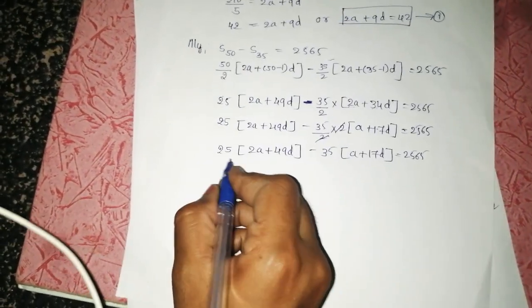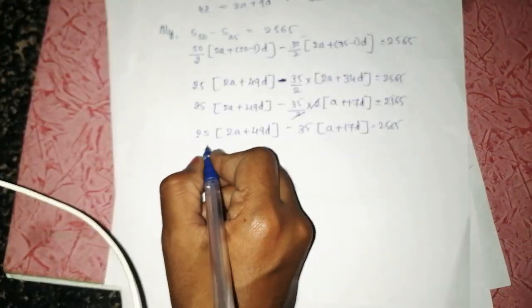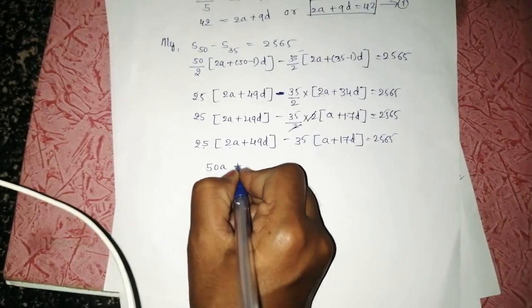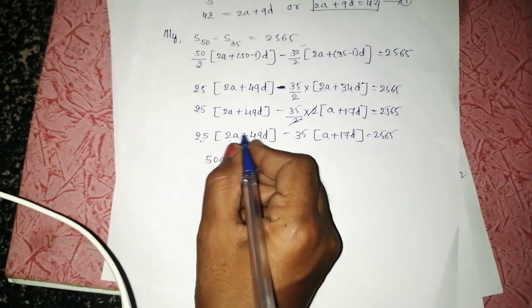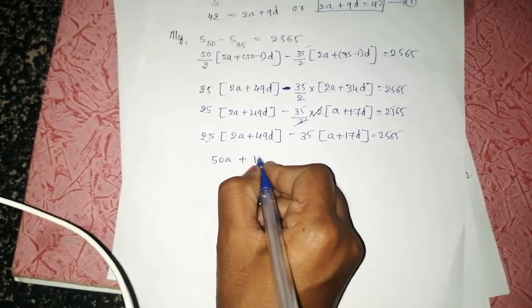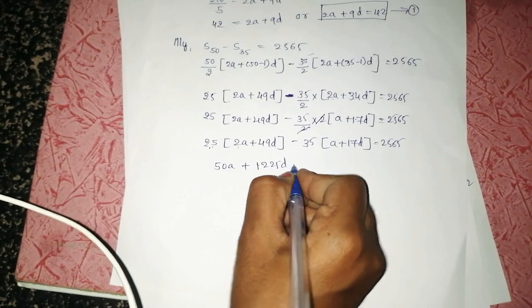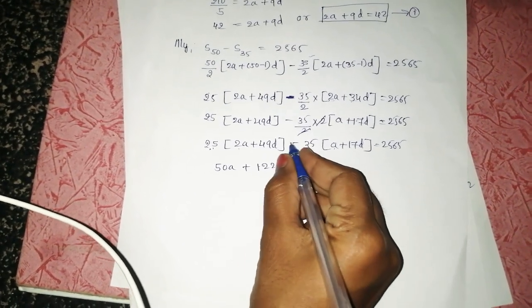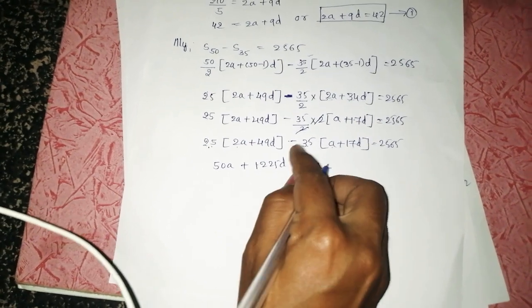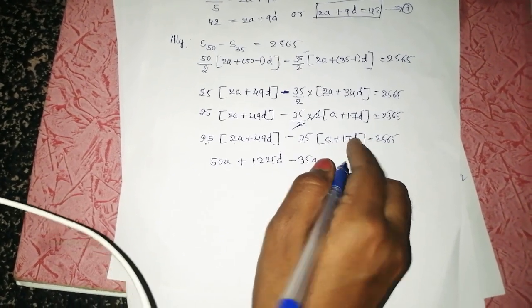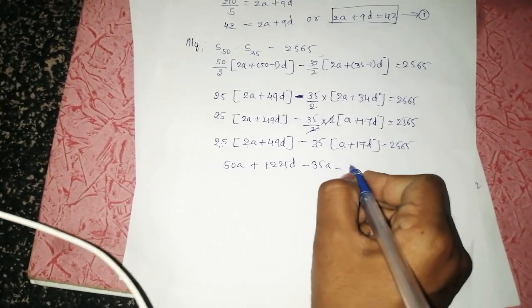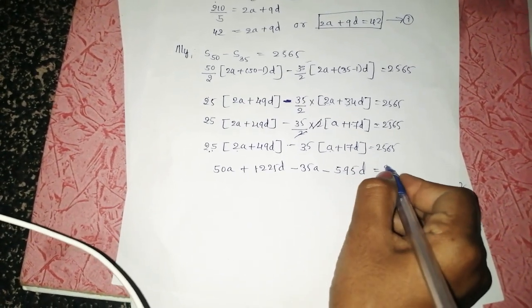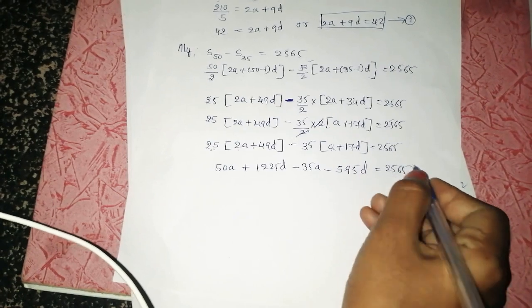After simplification, you are going to get 25 2s, that is 50a, plus 25 into 49, that is 1225d, minus 35 into a is 35a, and minus 35 into 17, that is 595d, which is equal to 2565.